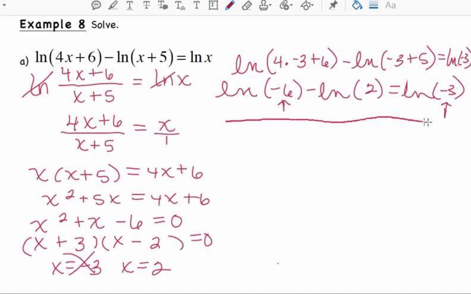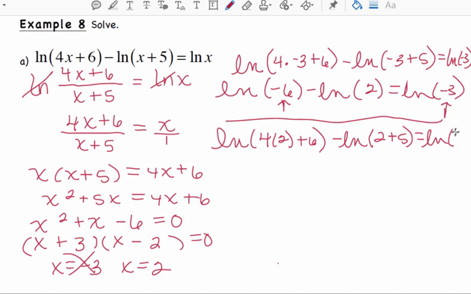And let's go ahead and check the 2. So we have the natural log of 4 times 2 plus 6 minus the natural log of 2 plus 5 equals the natural log of 2. So we have the natural log of 8 plus 6 is 14 minus the natural log of 7 equals the natural log of 2.